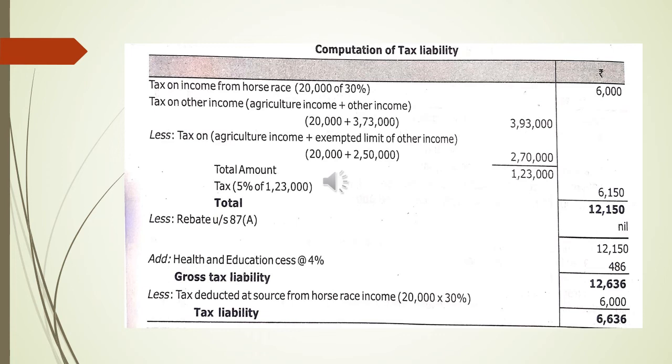So 20,000, 30% becomes 6,000. You subtract it. Your tax payable by the assessee is 6,636. Hope you people have understood the concept of taxable income and tax liability. And this is a very important question for 14 marks.